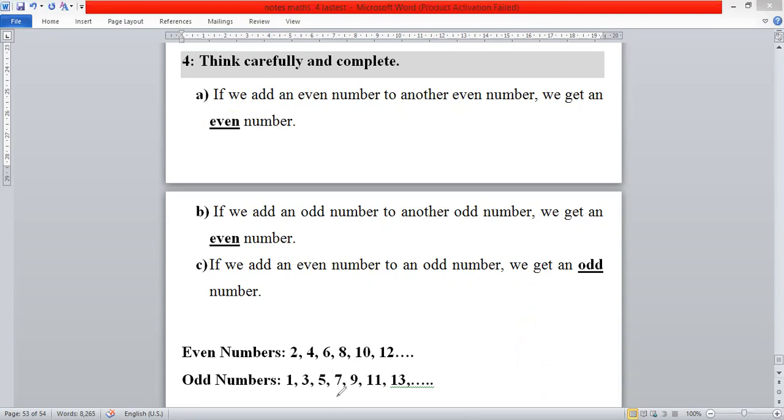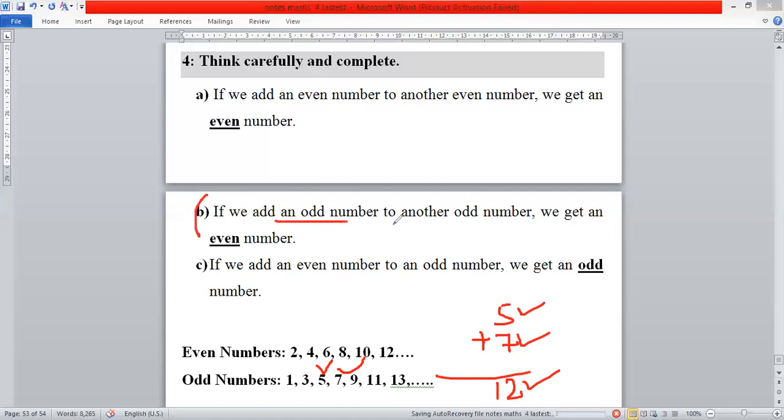I am taking any 2 odd numbers, 5 and 7. Just add them. 7 plus 5, 12. 12 is even. This is odd, this is odd. When we add two odd numbers, we get even. Therefore, here we will write, if we add an odd number to another odd number, we get an even number.